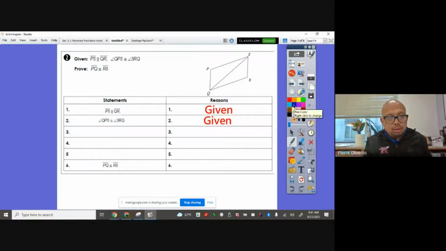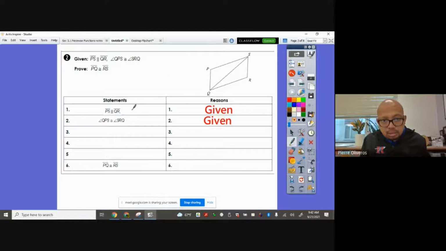Let's go to number 2. Given that PS and QR are parallel, when we're given a hint of PS and QR parallel, we're probably going to use the theorems of alternate interior, alternate exterior, corresponding, and so on. And we also have here QPS is congruent to SRQ.